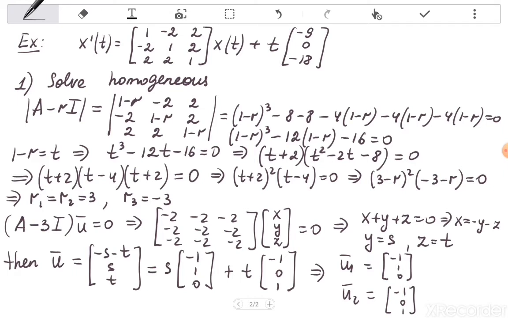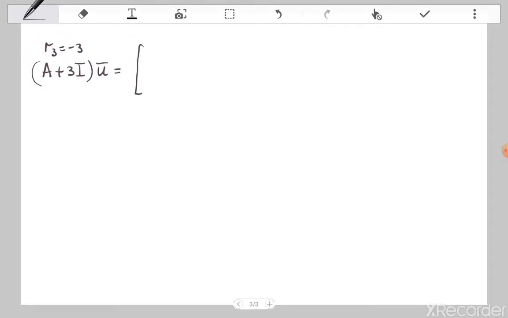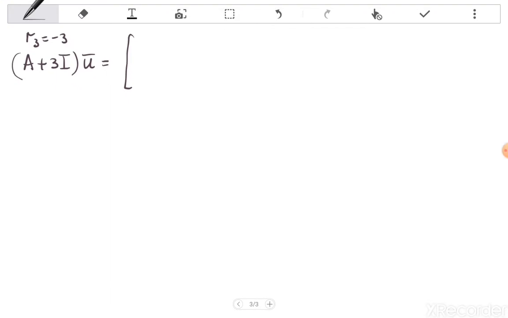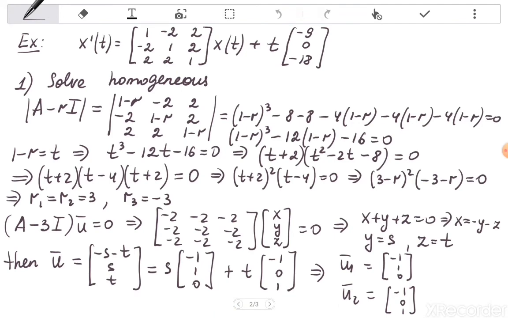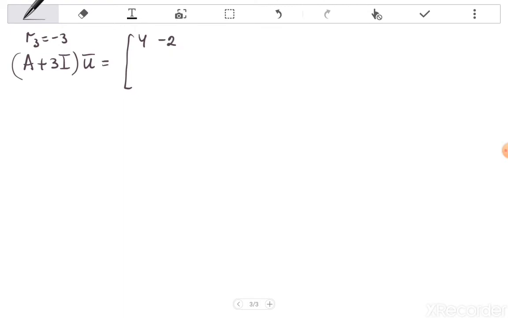So what we need to find now is the third eigenvector. When r3 is minus 3, A plus 3I applied to vector u is, let me just look at the matrix again, 4, minus 2, 2, minus 2, 4, 2, and 2, 2, 4.